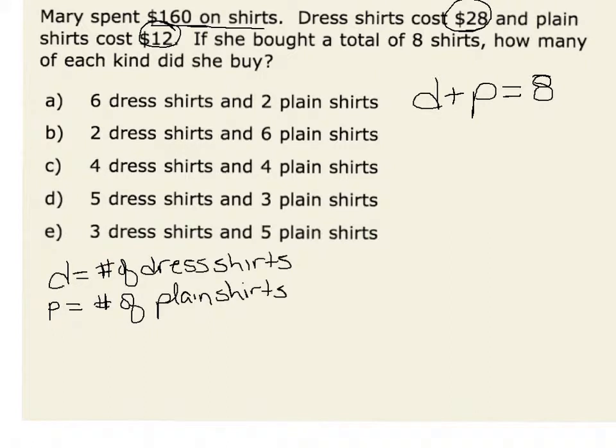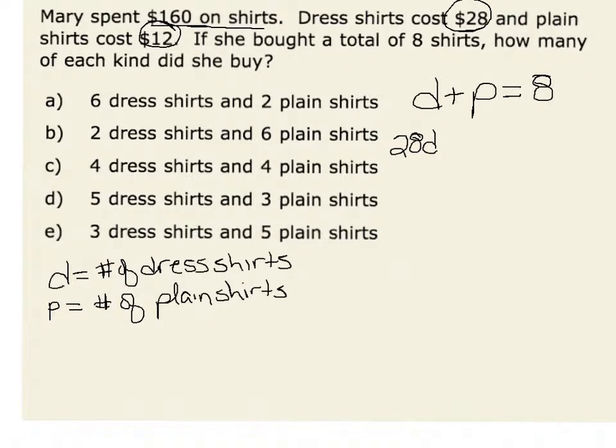My second equation has to do with the price. I know that I spent a total of $160 that's combined between buying D dress shirts at $28 a piece and P plain shirts costing $12 a piece. Therefore, to find my total amount spent, I take the number of dress shirts and multiply it by 28, telling me how much money I spent on dress shirts.